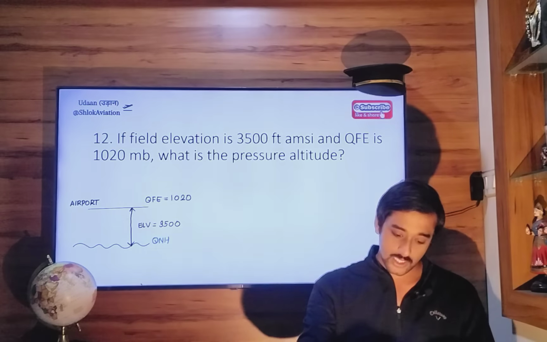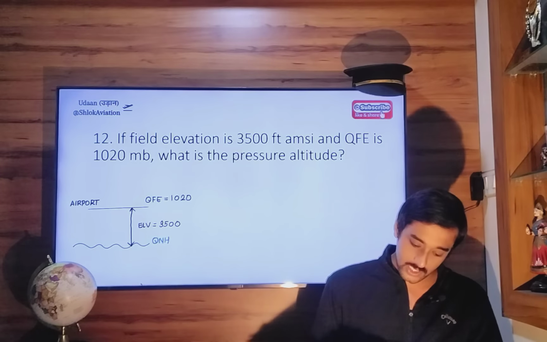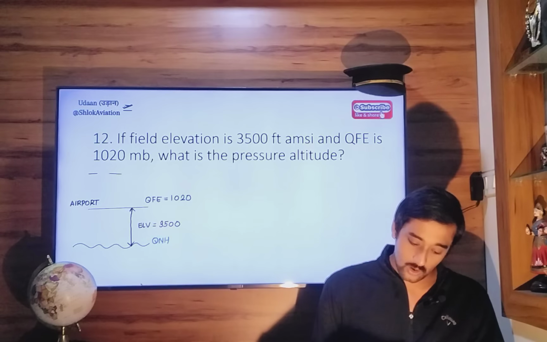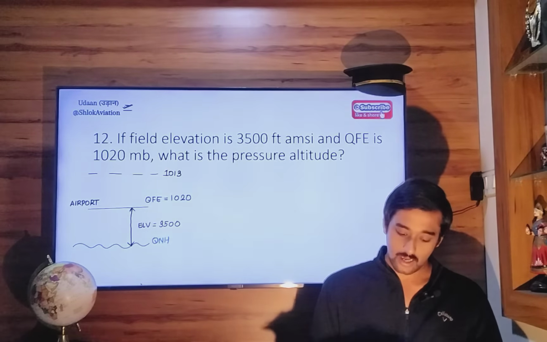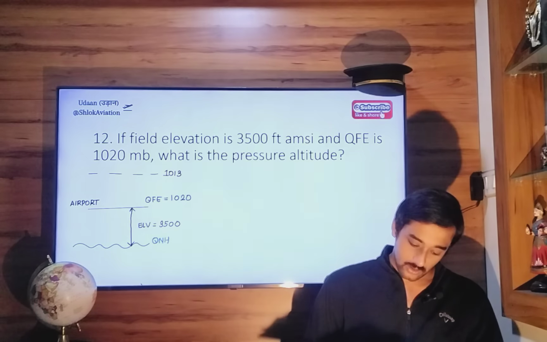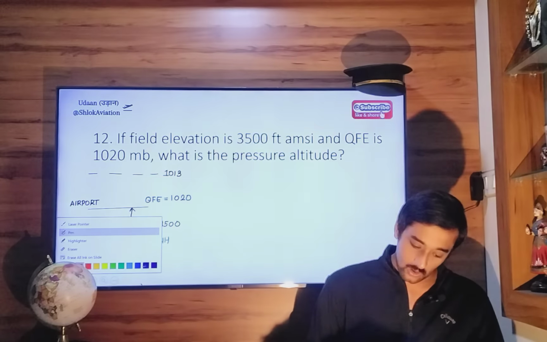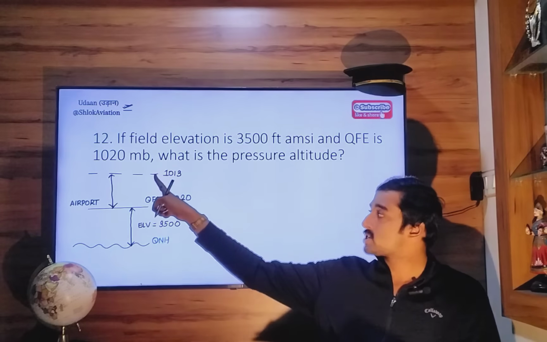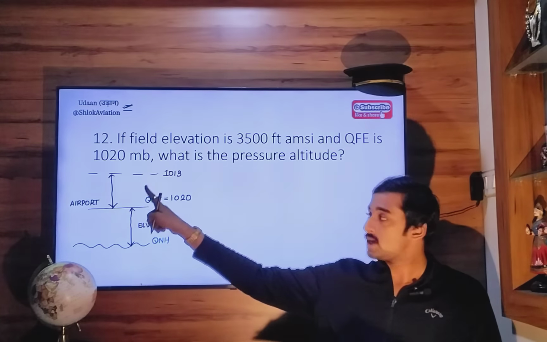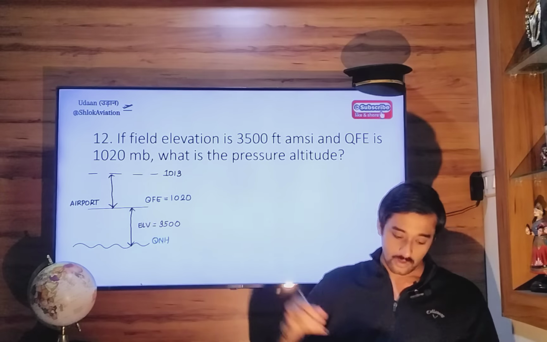So I'm going to draw standard pressure setting value 1013 above the airport. Above the airport. Okay. So what is going to be the pressure altitude? So pressure altitude is measured from standard pressure setting 1013, from there to this airport.